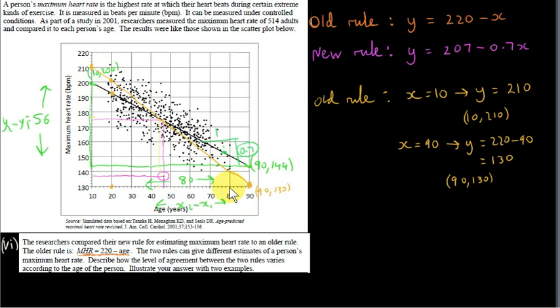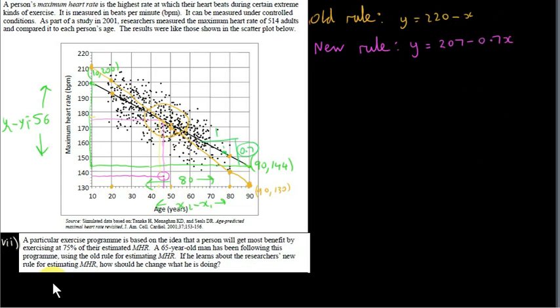So say for an adult aged 80, we see that our old rule gives a lower maximum heart rate for extreme exercise than our new rule. But there's good agreement around here between the two rules. So for an adult age 50, both rules give approximately the same value of MHR, the same maximum heart rate.